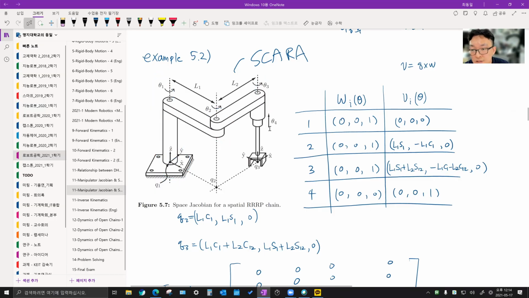And there is a translational axis. In this case, the screw axis, omega becomes 0 and V becomes 0, 0, 1, because it is moving along the Z axis. So 0, 0, 0, 0, 0, 1.